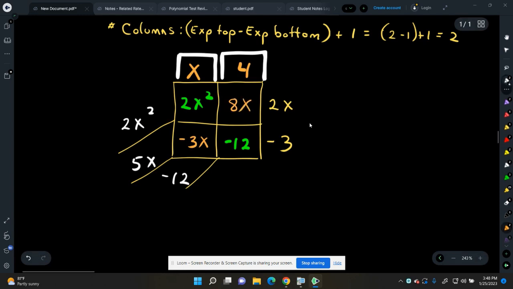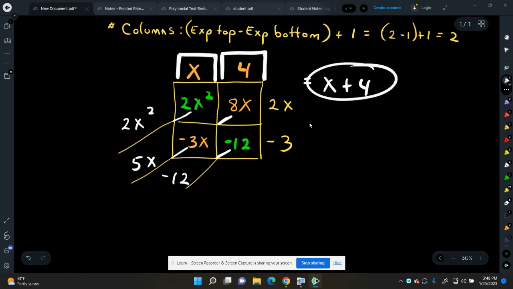Let's see if it works. Extending your diagonal, we get 2x squared. Okay, extend your diagonal. 8x plus negative 3x gives me 5x. And extending your diagonal, we get negative 12. So that worked. So my quotient is x plus 4.